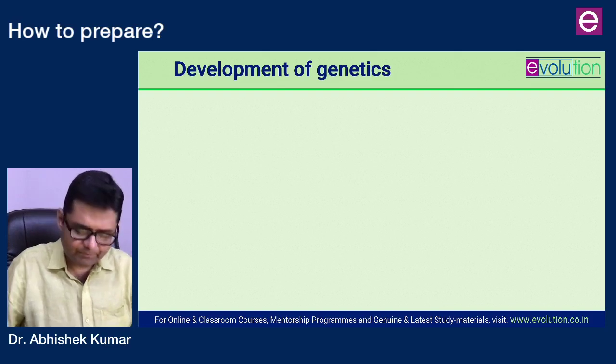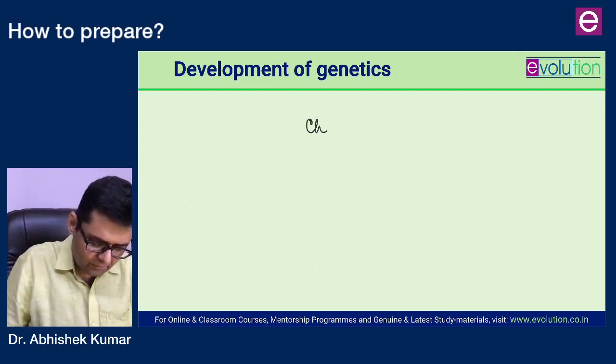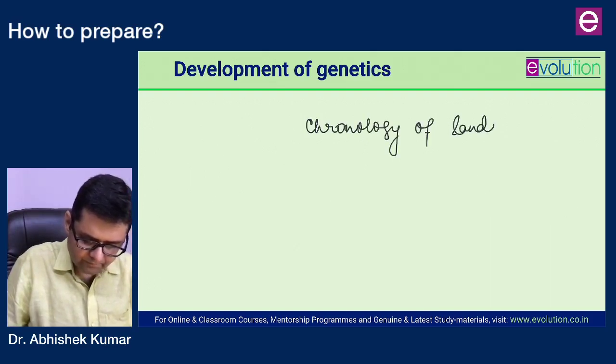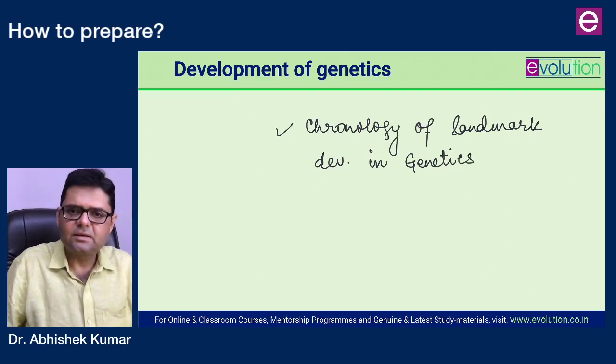So I would say that a chronology of landmark developments in the field of genetics should be known to you. Other than that, this topic has no further scope, and this is exactly why there has been no question asked on this topic in the last 10 years, or for that matter in the last 15 years.